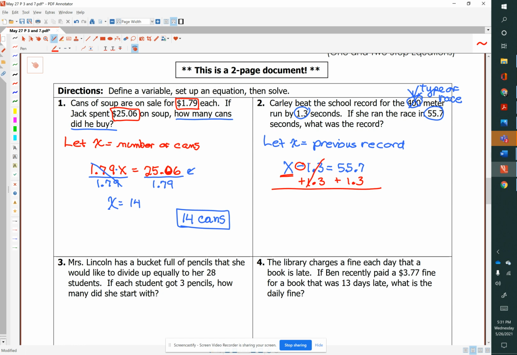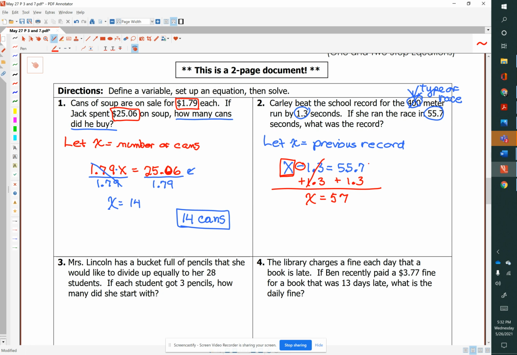So negative 1.3 plus 1.3 equals 0. So what we are left with on this left side of the equation is x. And now we're adding 1.3 to 55.7, I'm sorry, which gives us 57 seconds.